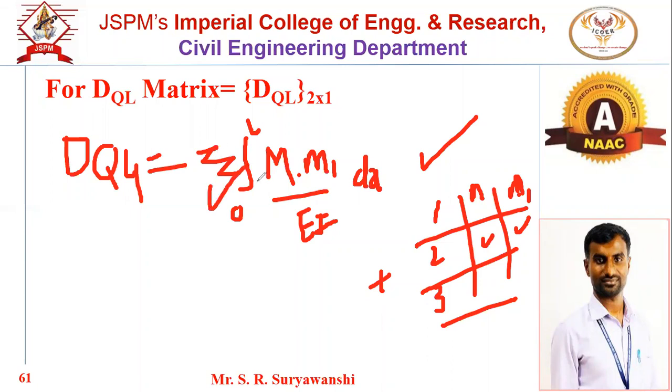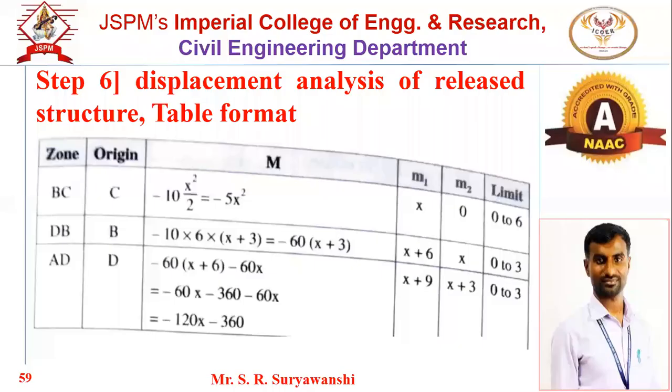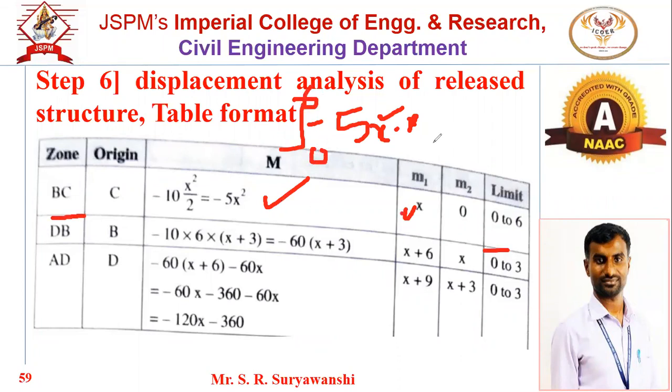So this is the summation. If you refer to the table, what actually you have to perform? Now here you will get the idea. So this M into m1 means minus 5x square into x integration. So for this BC zone, what is the integration? 0 to 6. So integration 0 to 6, M into m1 with respect to x, of course, plus this is for the first zone.